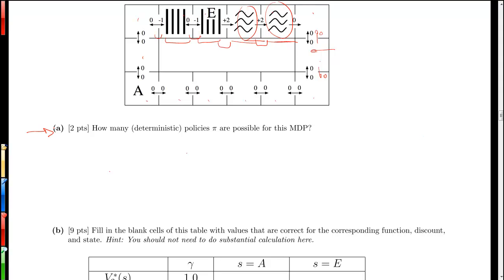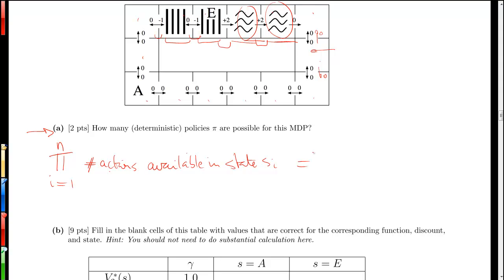The first question we're asked, how many deterministic policies are possible for this MDP? So in general, the number of deterministic policies is given by the product for i equals 1 through n, where n is the number of states, of the number of actions available in state Si.